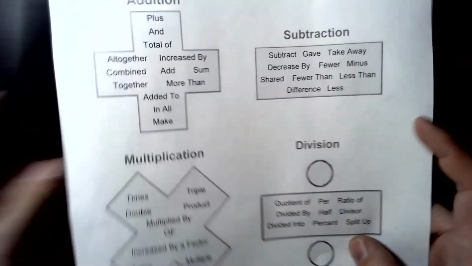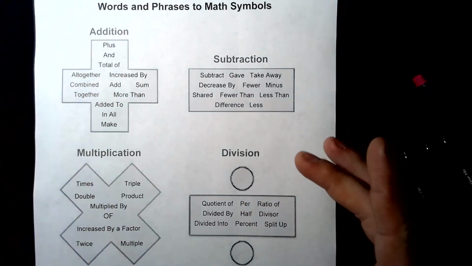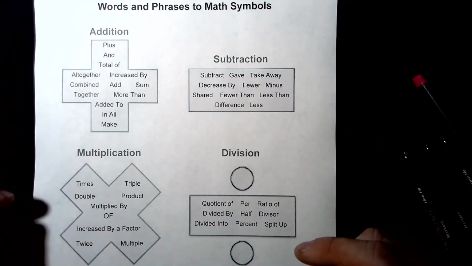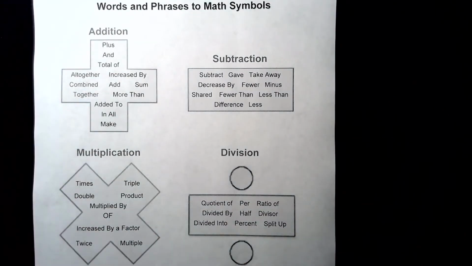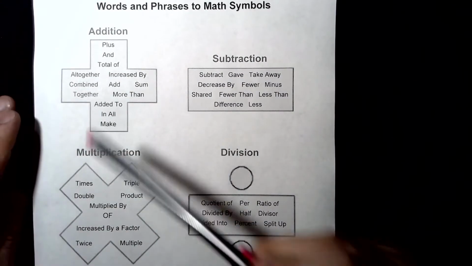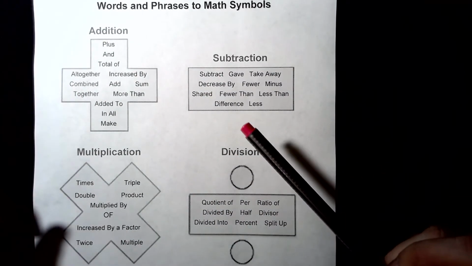So our keywords are going to be already on Google Classroom. They have been on there for a little less than a month now. But these are all keywords that are used to create math phrases.